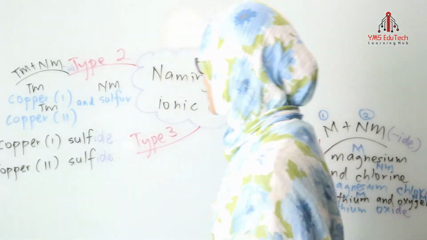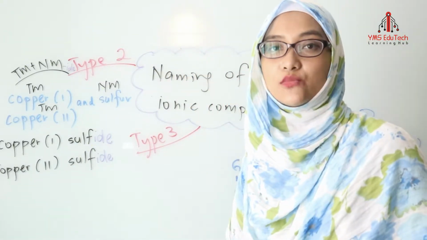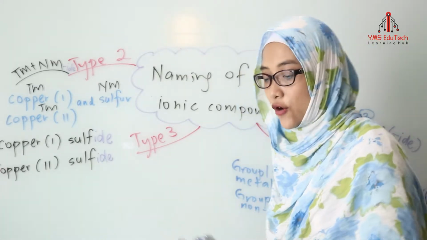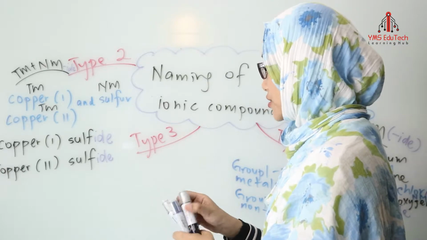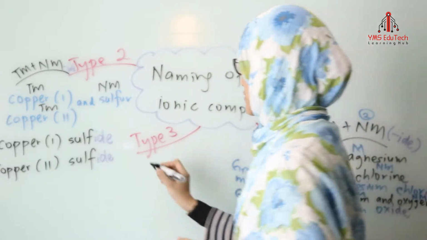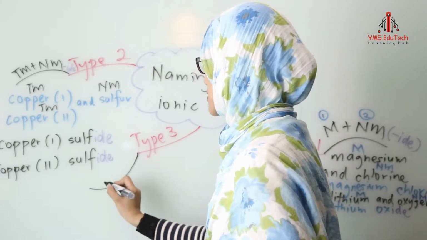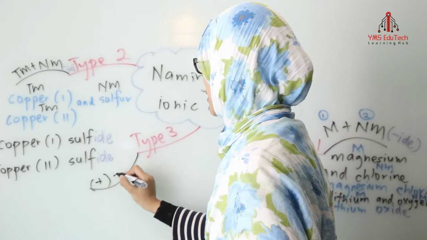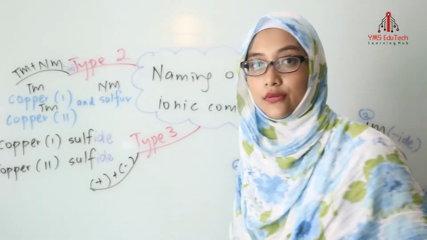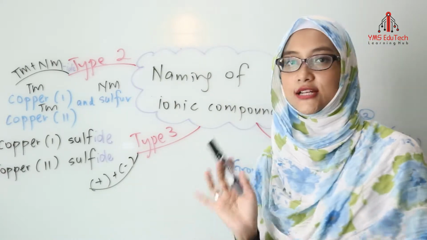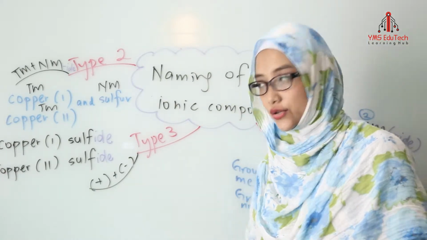Alright? So now let's move on to type 3. Type 3 involves positive ions and negative ions. For type 3, I'm going to touch on polyatomic ions.